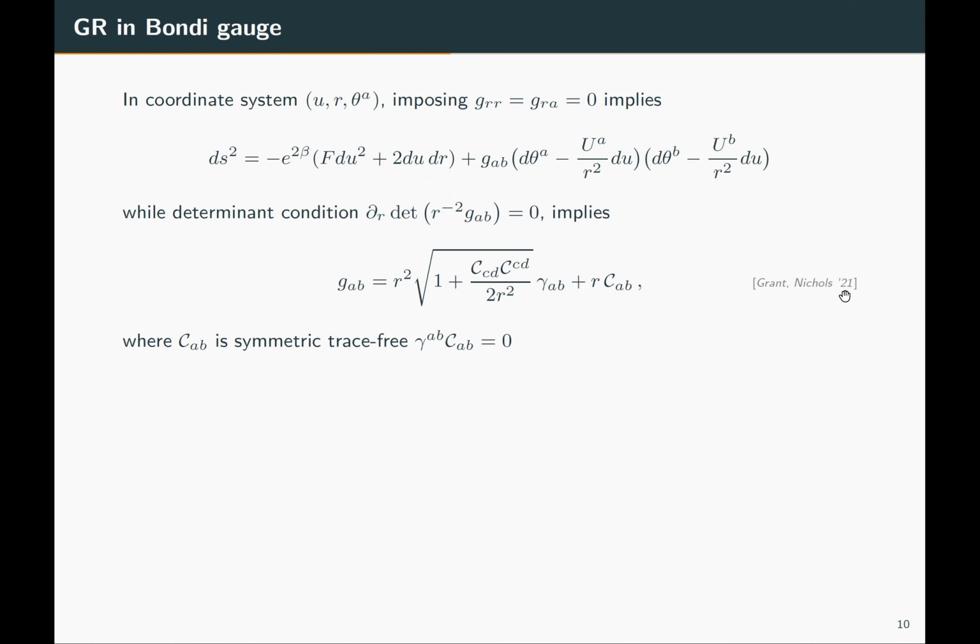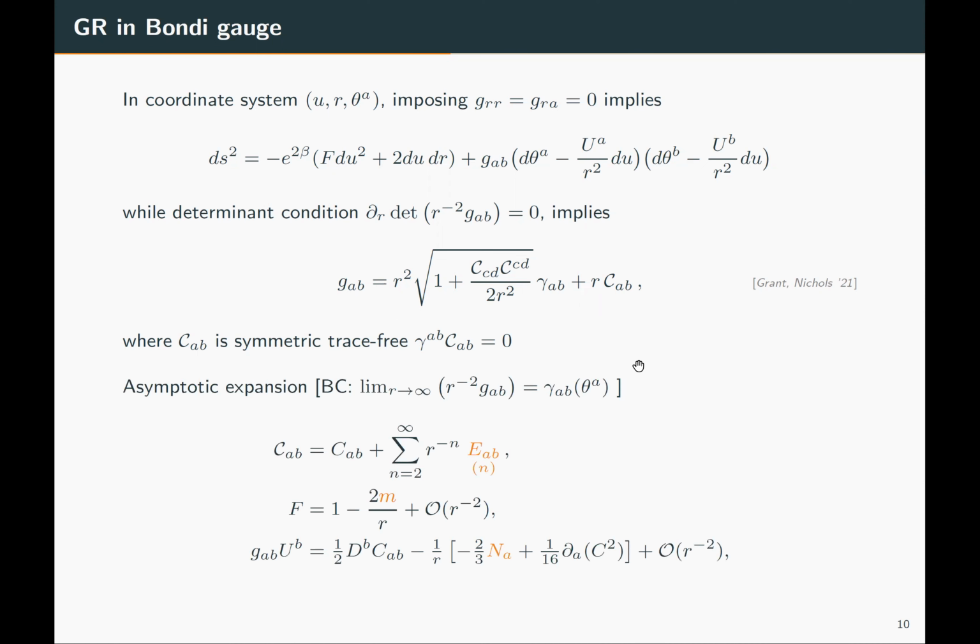This was pointed out in this recent nice paper by Grant and Nichols. Do you take gamma to be the fixed round sphere metric here, or can gamma also be something else? Yes, I take it to be the fixed metric on the sphere. I take it to be time independent, but it can be some given metric on the sphere.